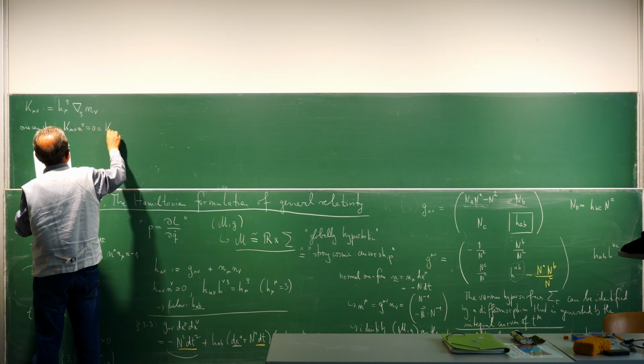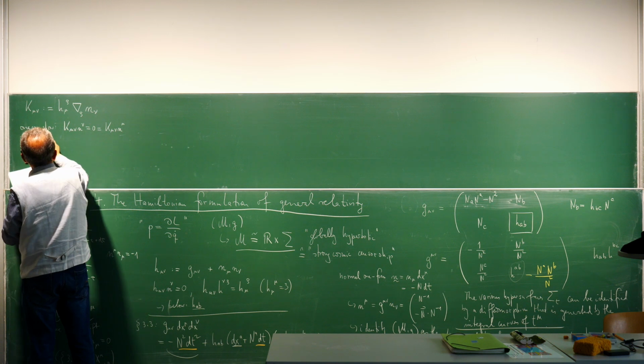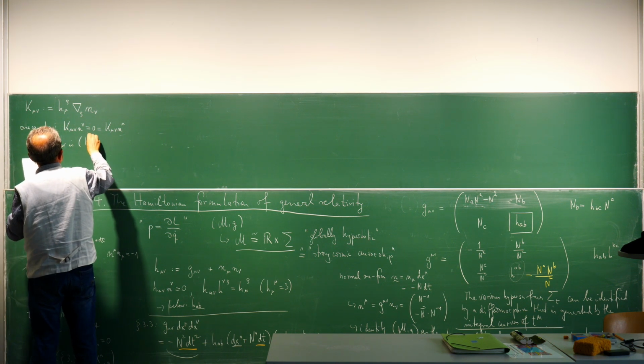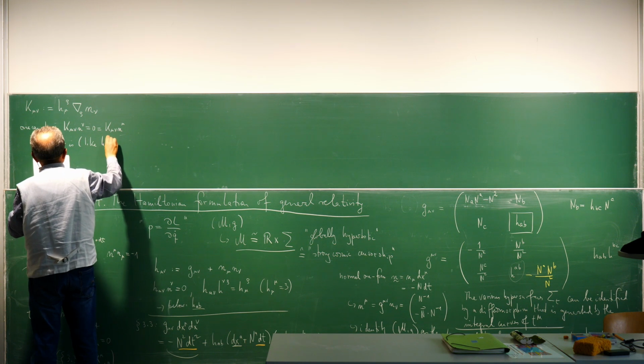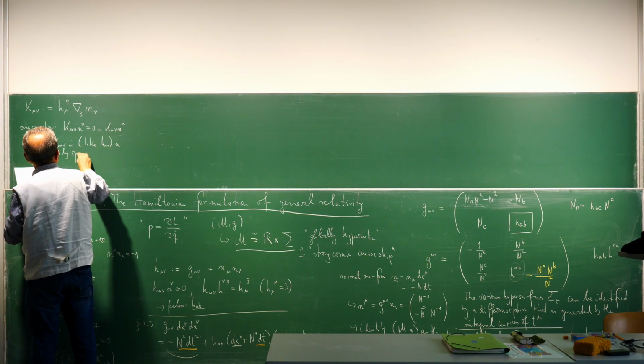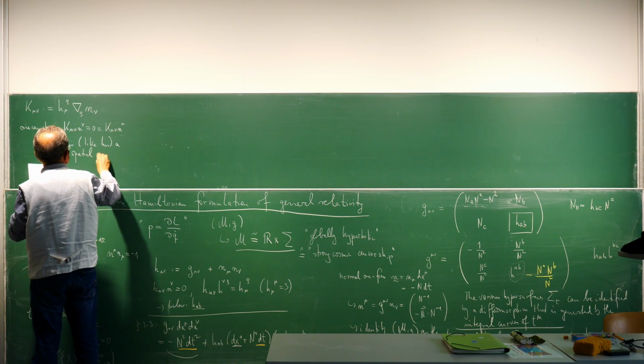The same holds for the other index. So K_mu nu is, like h_mu nu, a purely spatial quantity.